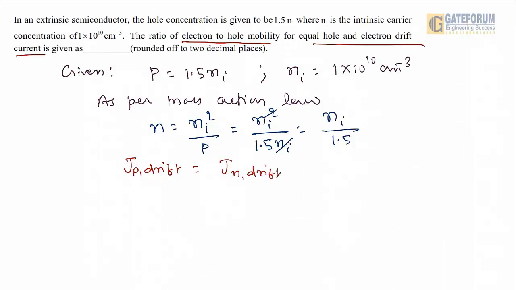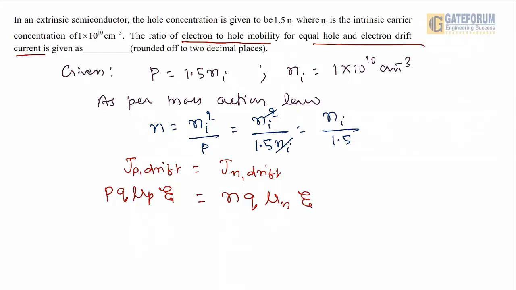Here, Jp drift is given as p q mu p into E, which is equal to n q mu n into E. So E is the electric field, mu p is the mobility of holes, mu n is the mobility of electrons, q is the electronic charge, p is the concentration of holes and n is the concentration of electrons.